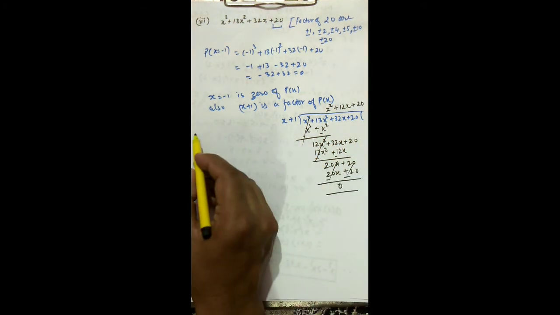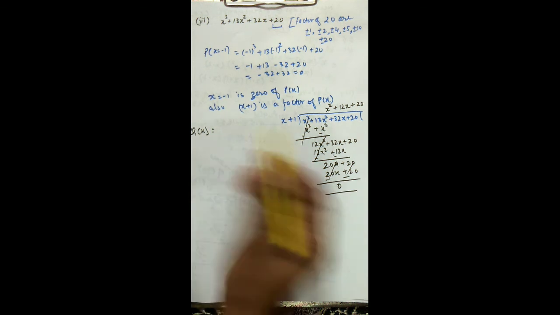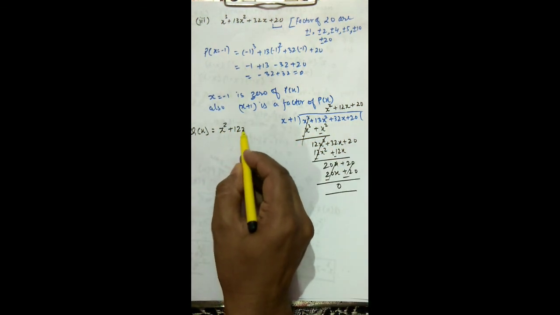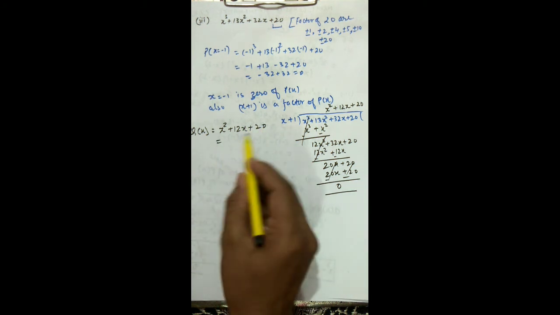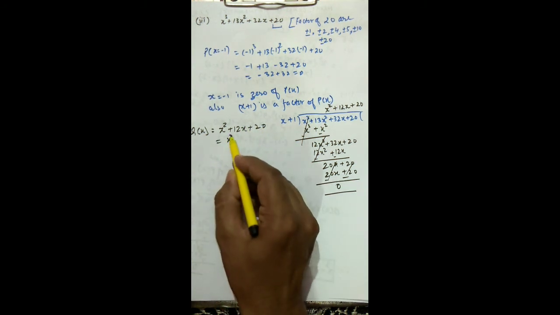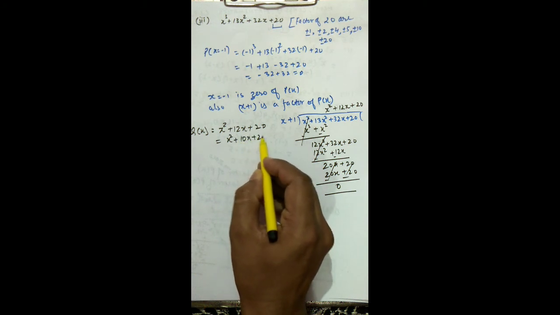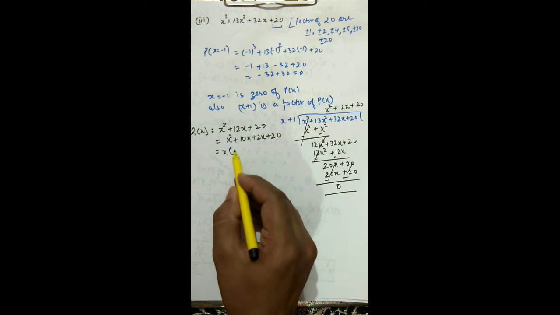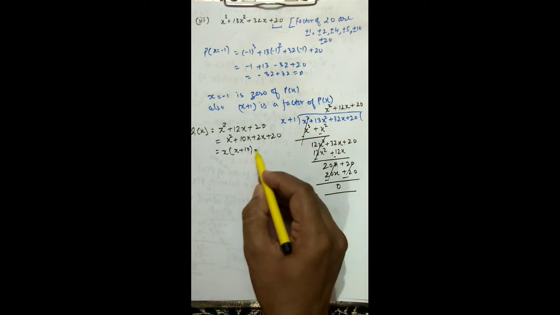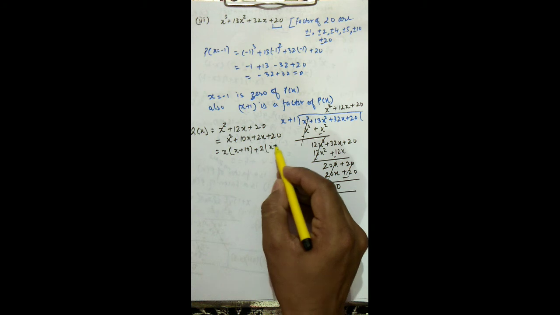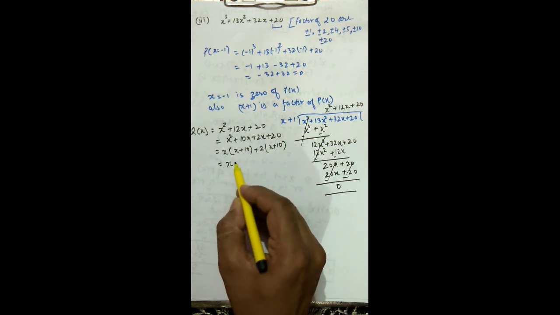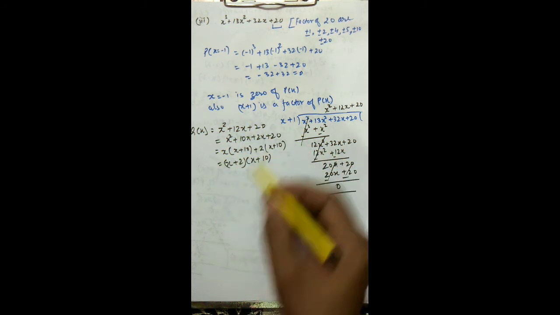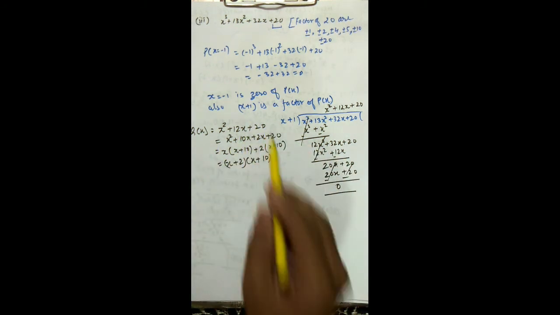So now we take the quotient as q(x), so we can do the splitting of the middle term, 12x plus 20. So this can be written as x square plus 10x plus 2x plus 20. So now I can take x common from the first two terms, so x plus 10, and from here also you can take 2 common, so this is x plus 10. So x plus 2 and x plus 10 have come as factors of x square plus 12x plus 20.